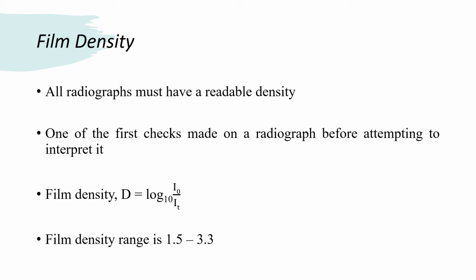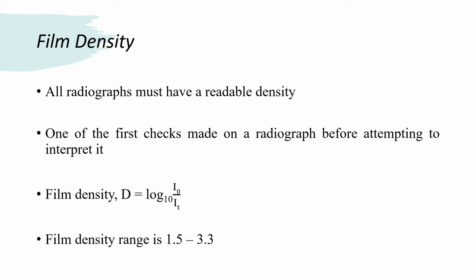A measure of the amount of exposure seen by the developed film is the light transmission density or optical density, or the film density D, which is given by the equation D equals log base 10 of I naught by IT, where I naught is the light intensity which strikes the film and IT is the transmitted light intensity.